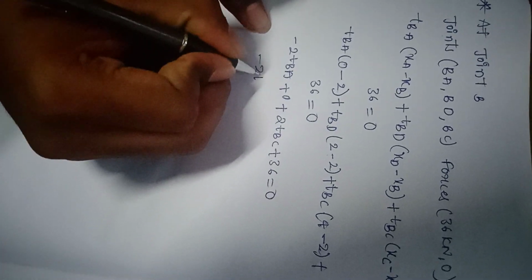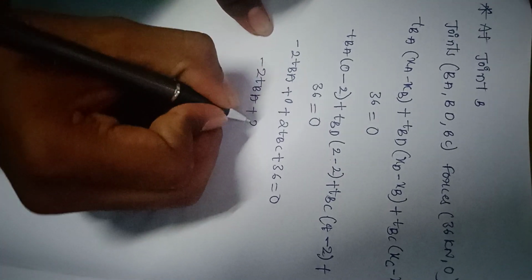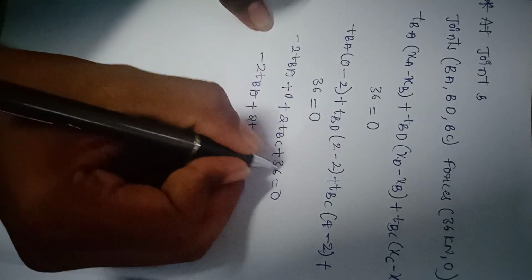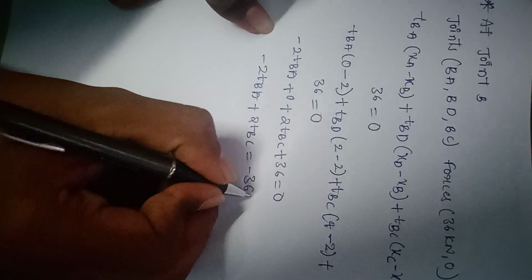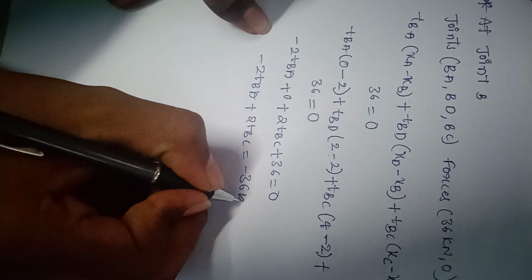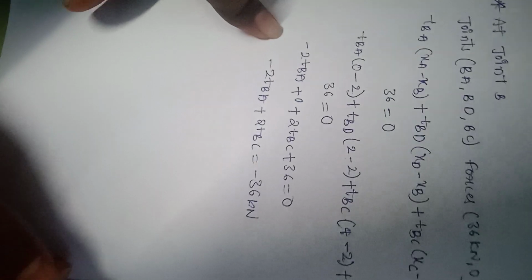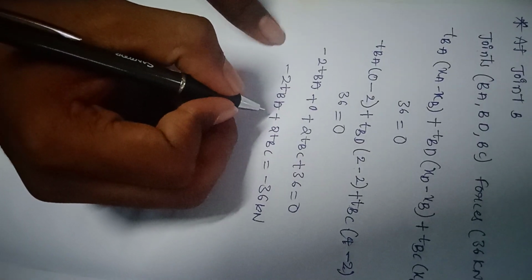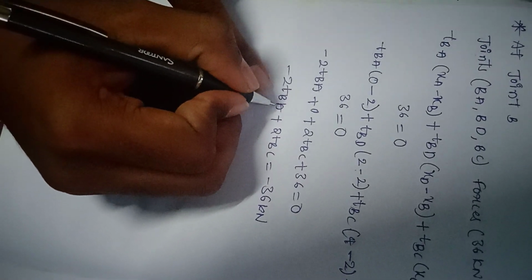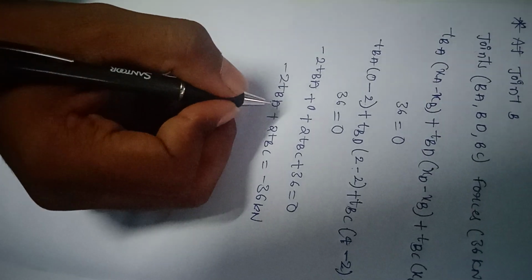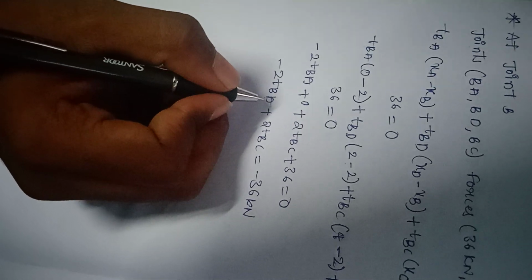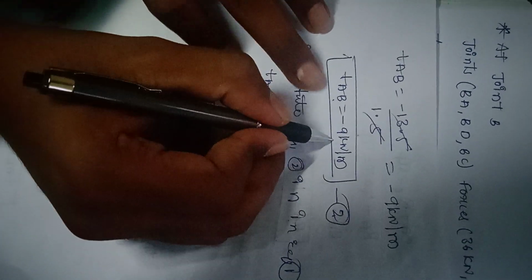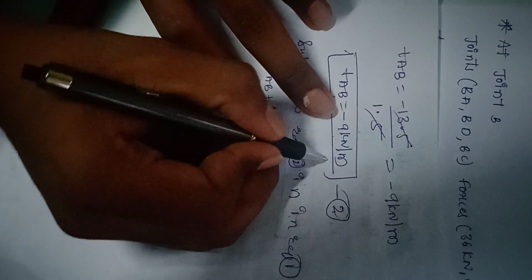Therefore, minus 2 TBA plus 2 TBC equals, sending this 36 to the right side, minus 36 kilonewtons. TBA we got already, as minus 9 kilonewton per meter.